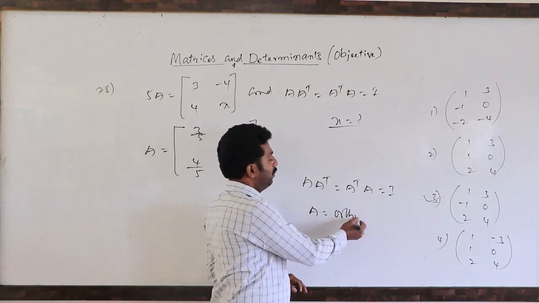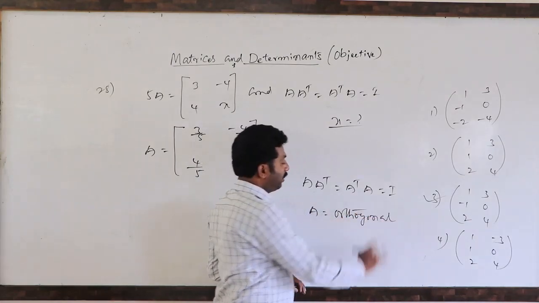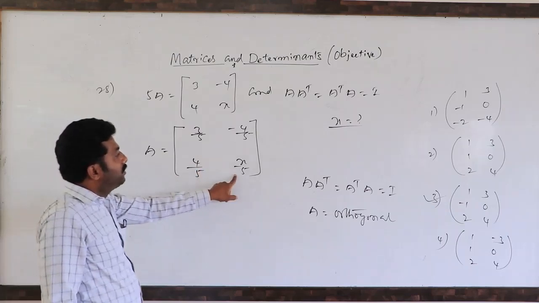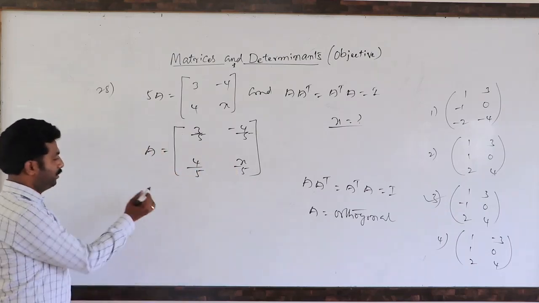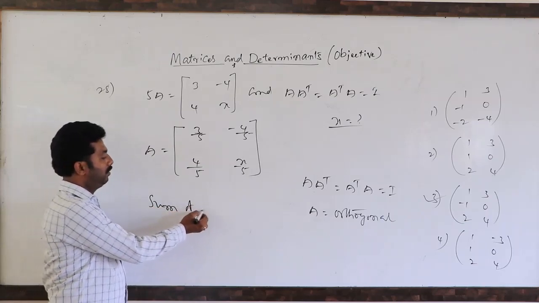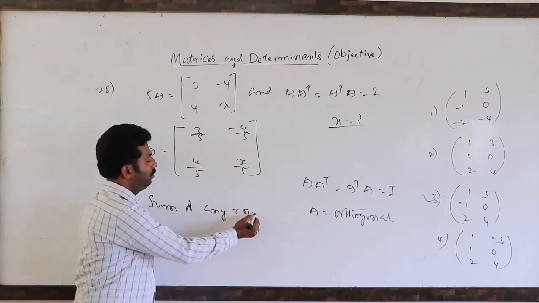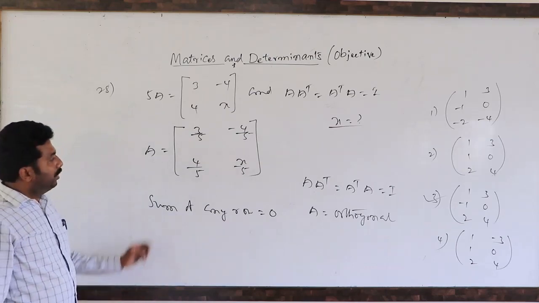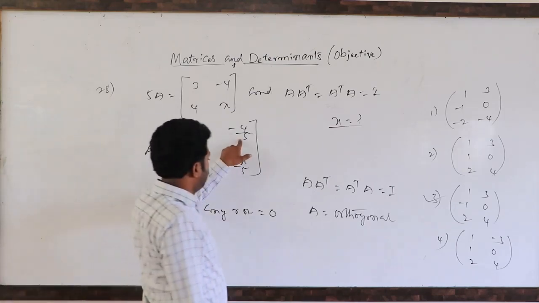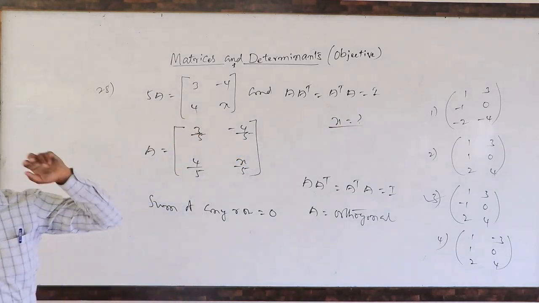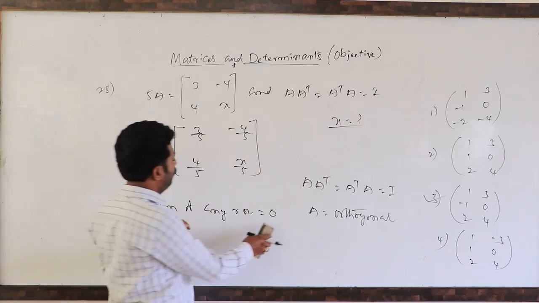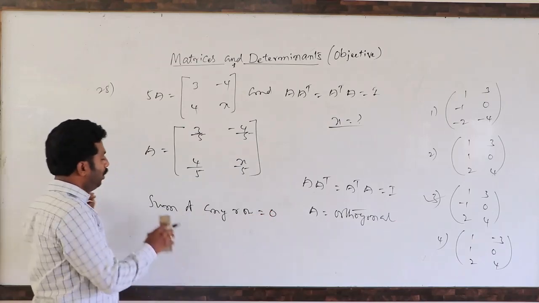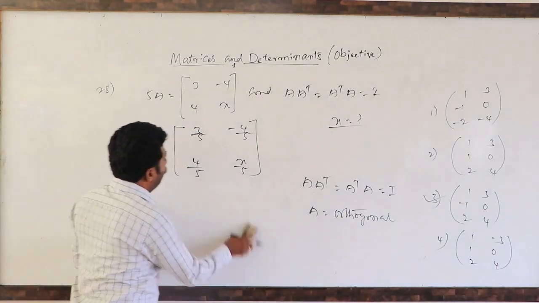A is orthogonal. In an orthogonal matrix, the sum of the squares of any row or any column must be 1, or the sum of the products of corresponding elements of any two rows must be equal to 0.